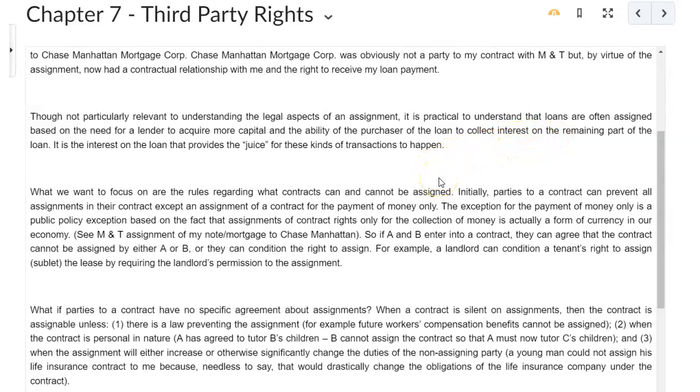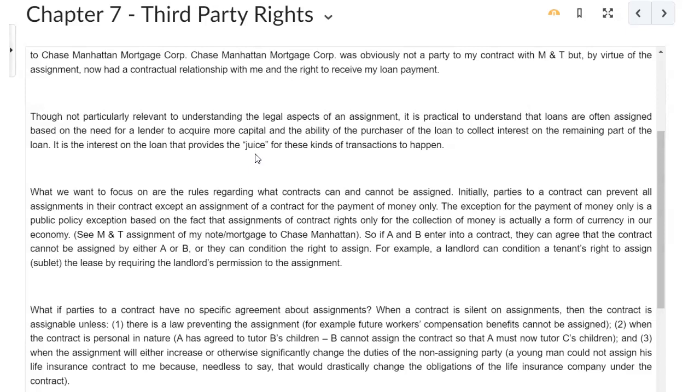Whenever you have a loan with interest, especially in the case of a mortgage where it runs over 15, 20, 30 years, the interest payment on the loan, as I point out, is the juice. It's like currency, if we think about it, that gives rise to these assignments of loan contracts.